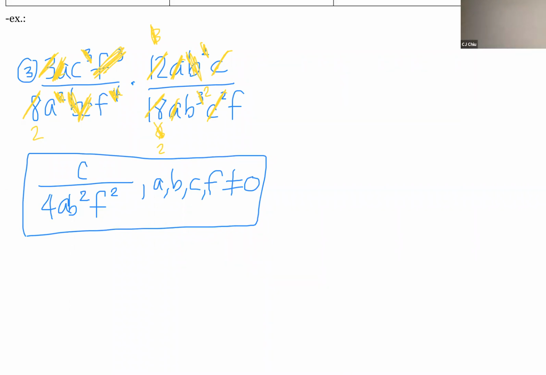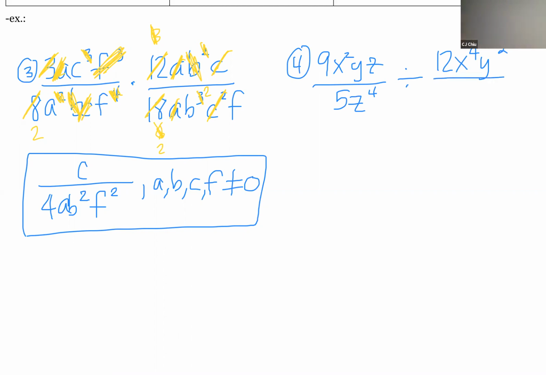Okay, so let's try division. So what if we have 9x squared yz over 5z to the fourth divided by 12x to the fourth y squared over 50x y to the fourth z squared?